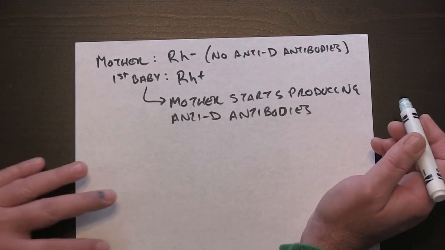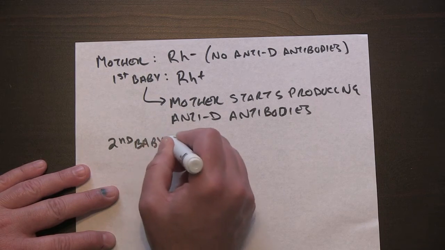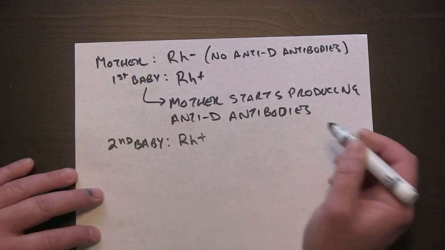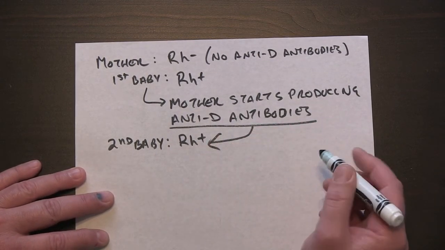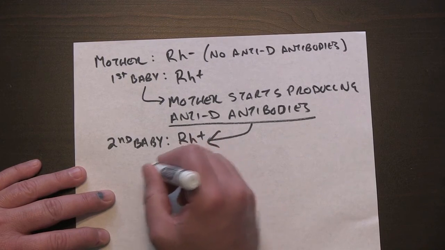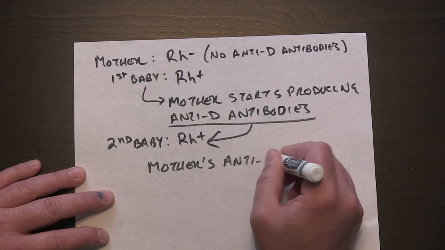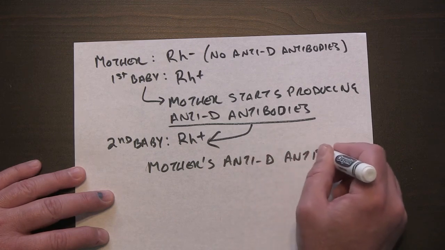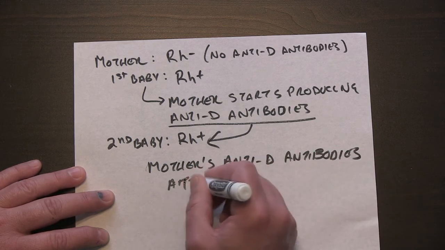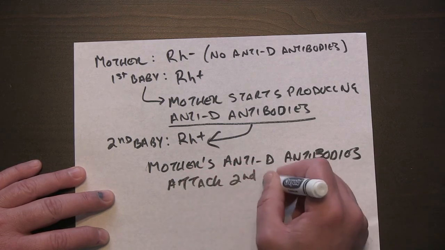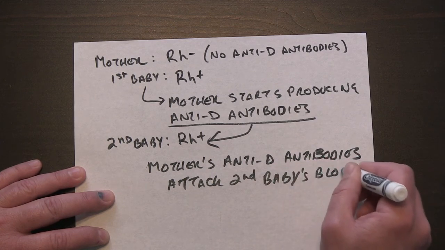Okay. Then she has a second baby that is Rh positive. Guess what happens? Anti-D antibodies start to attack that baby. The mother's anti-D antibodies attack the second baby's blood.